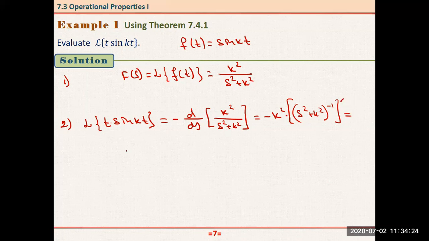Equals, first -1 comes to the front, that is k squared, and then we subtract 1, that is s squared plus k squared to the power -2.